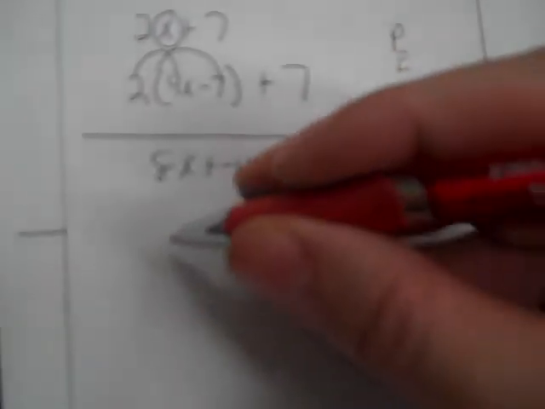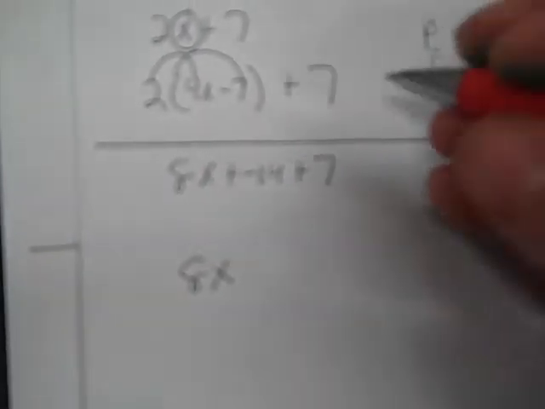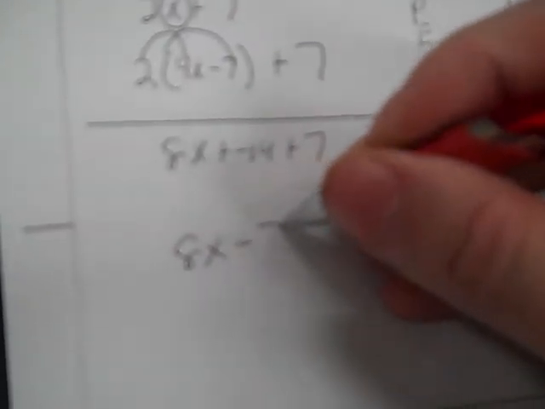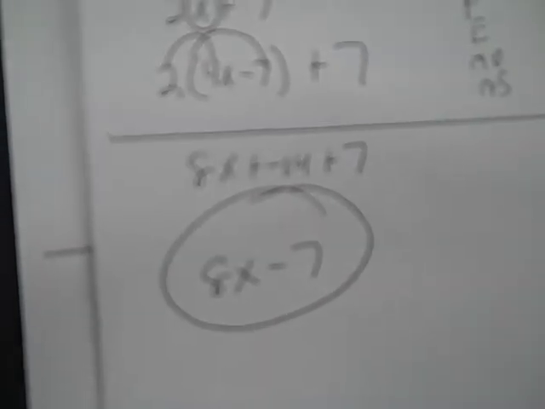You can put those two together. Those are like terms. So negative 14 plus 7 is negative 7. So 8x minus 7, or plus negative 7 is good too. Now take your negative 3 and just insert it into the expression you came up with. So it's negative 24 minus 7 is negative 31.